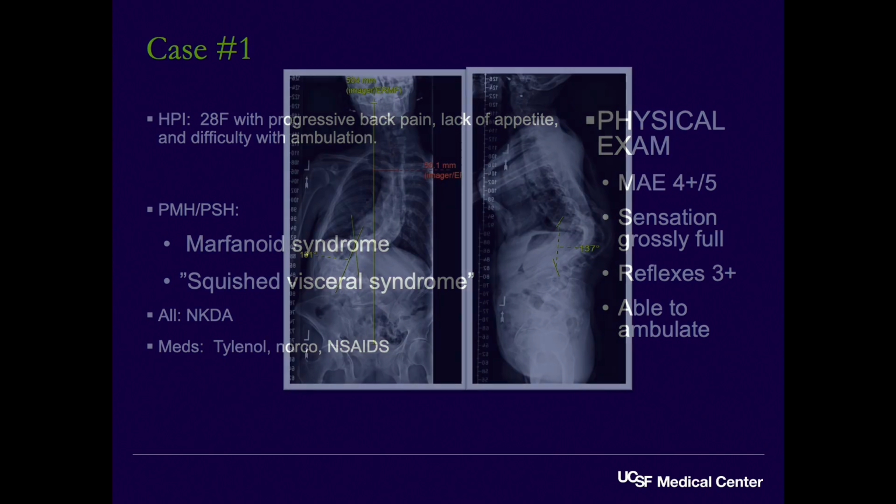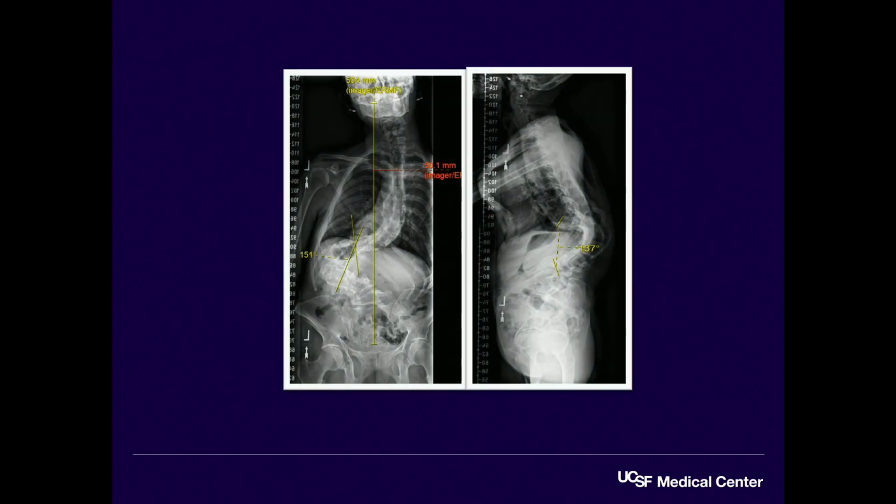So here's her x-ray. And this is actually a case that Lionel and I did together. So can you describe the x-ray for us? Positive sagittal imbalance.